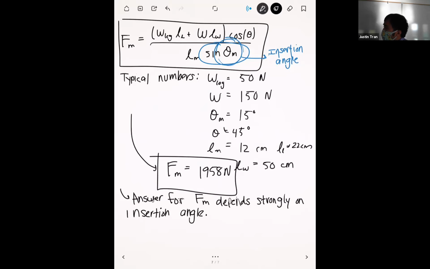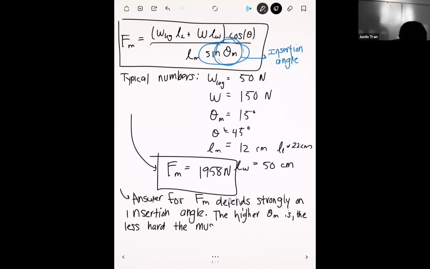Remember what we talked about before with upper extremity, where generally the higher the value of the attachment angle, the less hard your muscle has to work in order to rotate your limb.